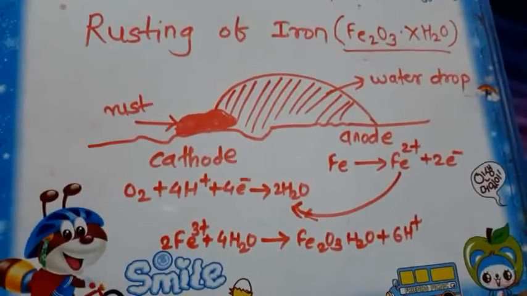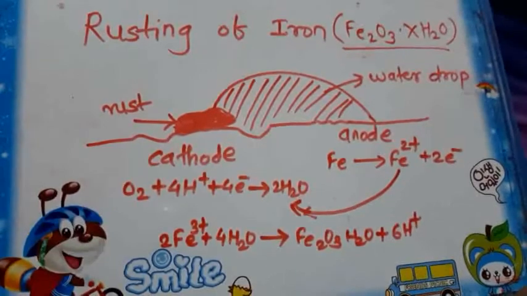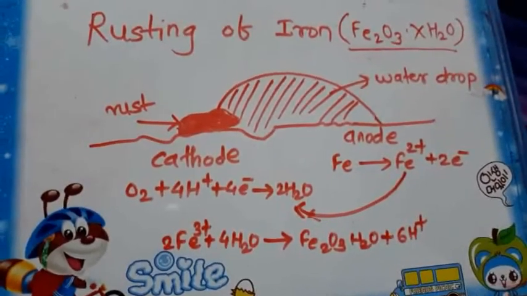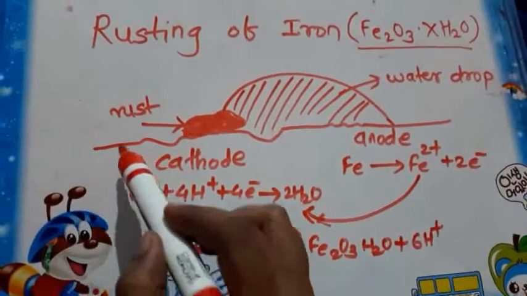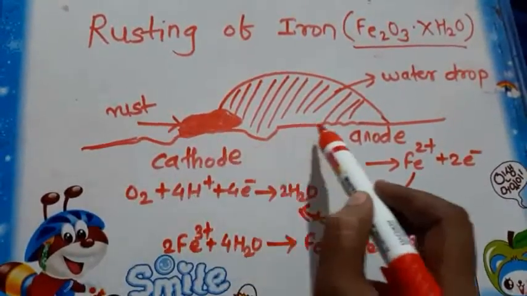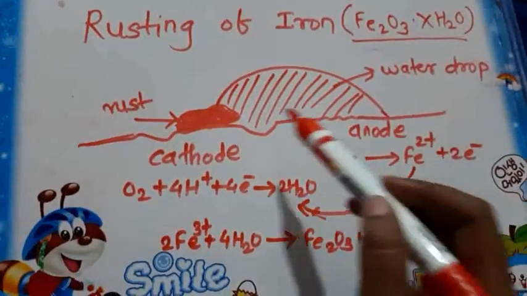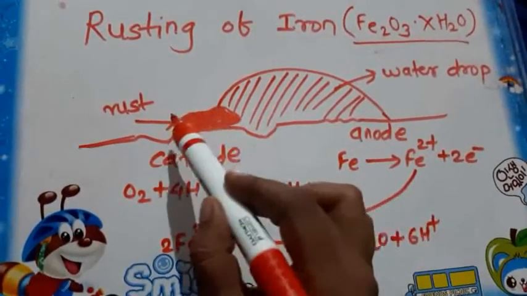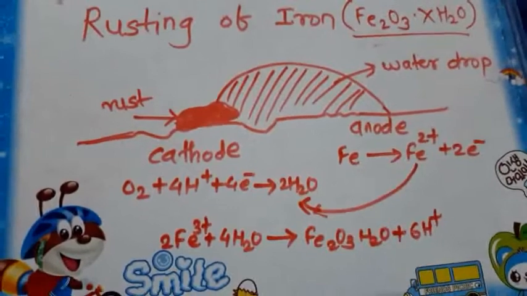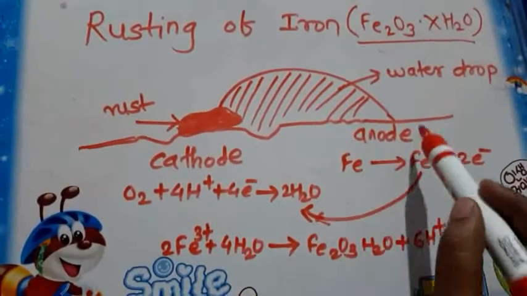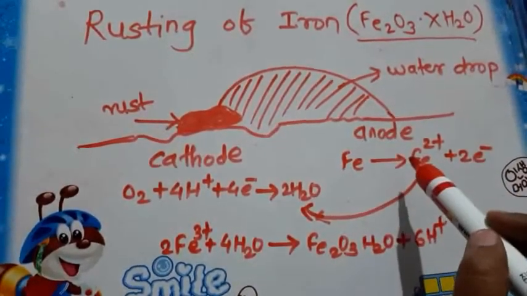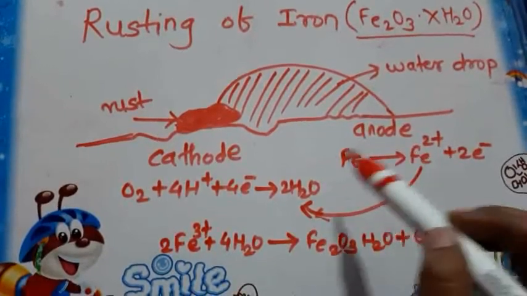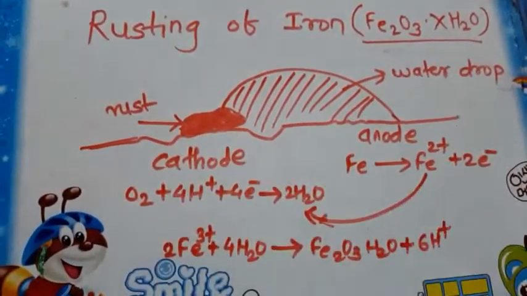Different regions on the surface of iron become anode and cathode. For example, consider this is the surface of an iron object. This is a water droplet and this is the rust that gets collected after the reaction. Here some region of the surface acts as anode and some region acts as cathode.